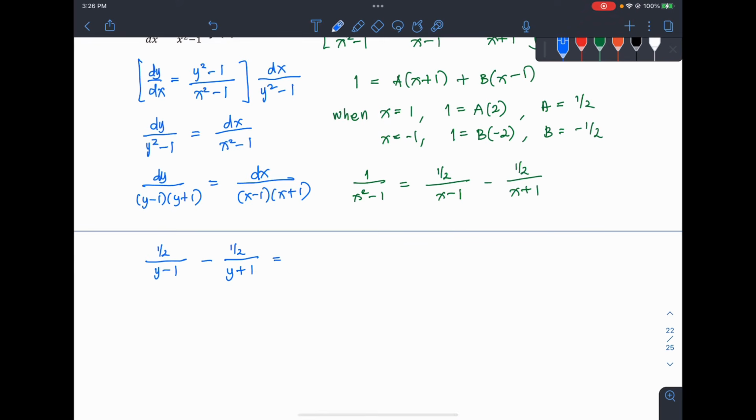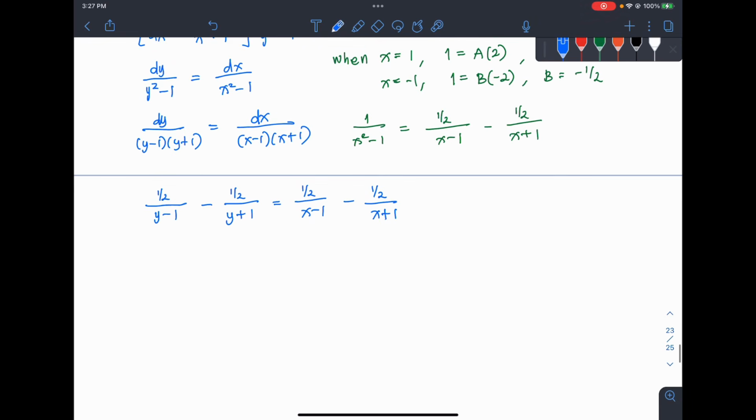Then equals 1/2 over x minus 1 minus 1/2 over x plus 1. Then of course, plus c. Or sorry, we haven't integrated it yet. So we remove it first. Okay. So we integrate it now.